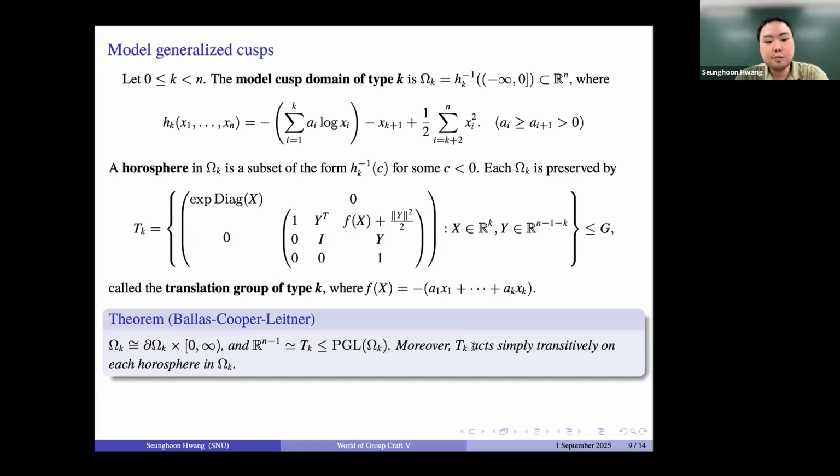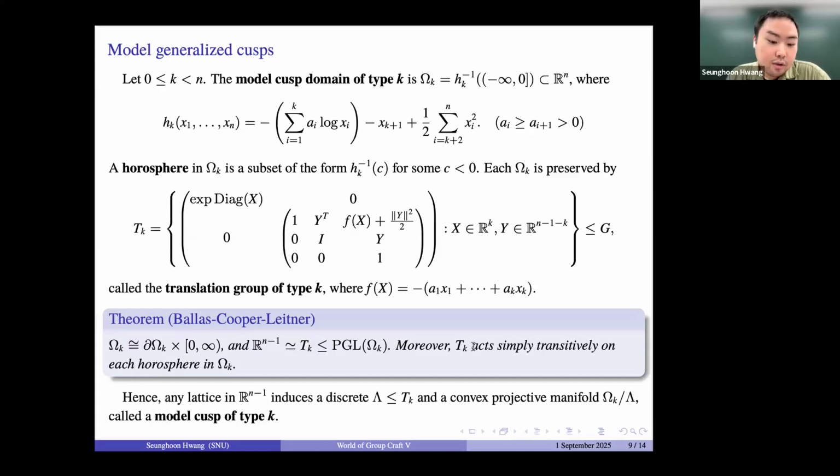So this group T_k is really the translation group, which behaves exactly the same way as the parabolic translations would in H^n. And whenever we have a lattice in R^(n-1), we can map it into a discrete subgroup of T_k, and then we obtain a convex projective manifold, Omega_k quotient by Lambda, and such a manifold will be called a model cusp of type k.